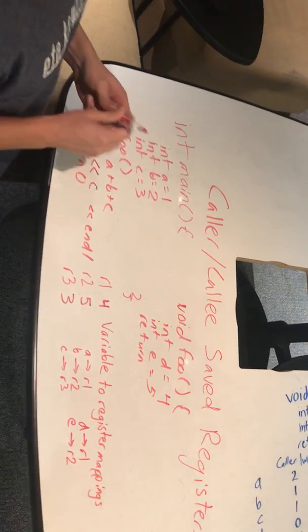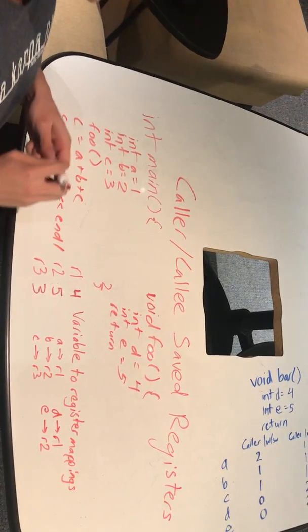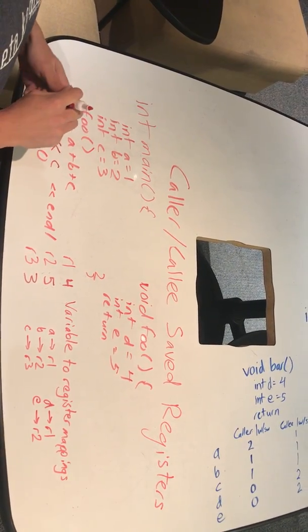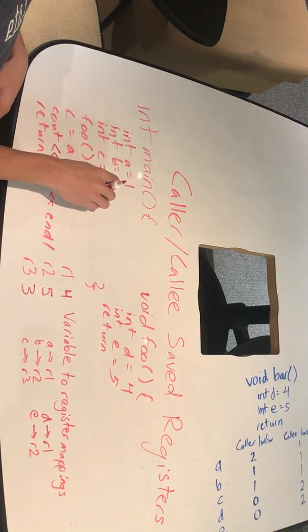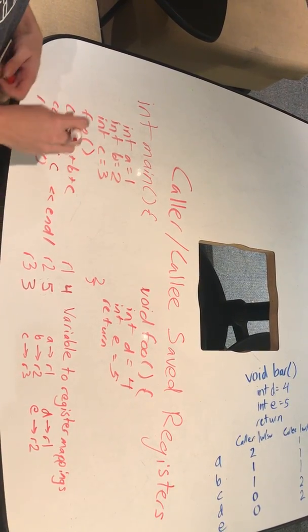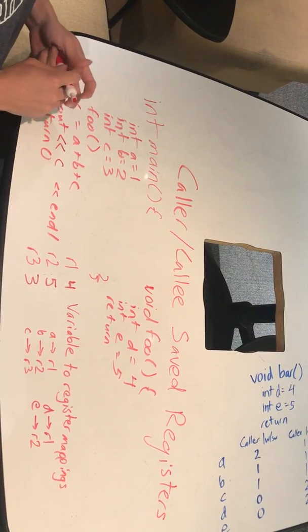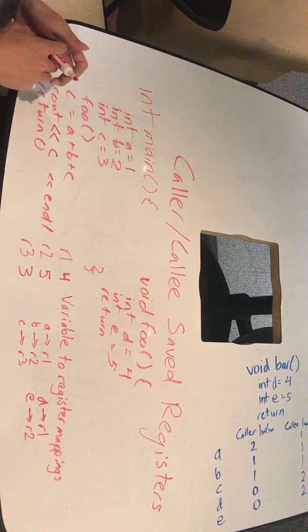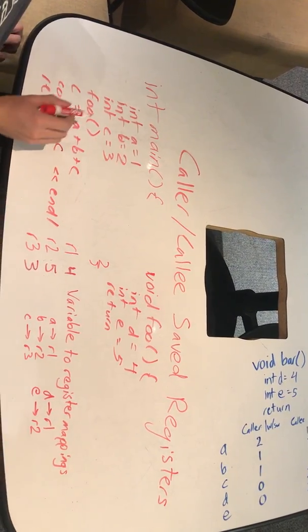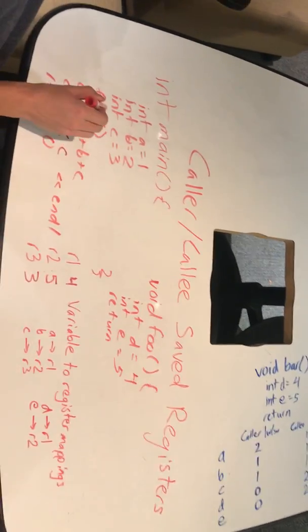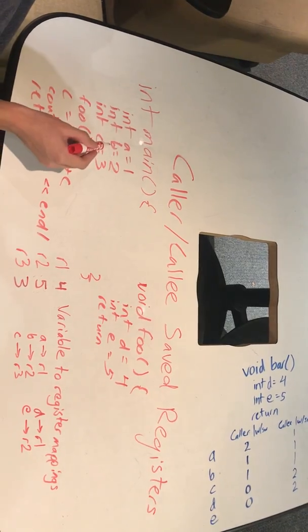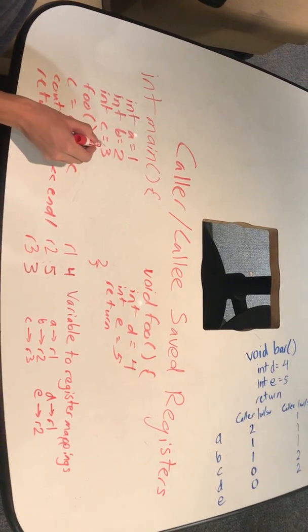As for the difference between caller and callee saved, in caller saved, the function doing the calling, in this case main, is responsible for saving its own registers. Main essentially assumes that foo, the callee, is going to change every register, and so anything that main cares about, it needs to save.